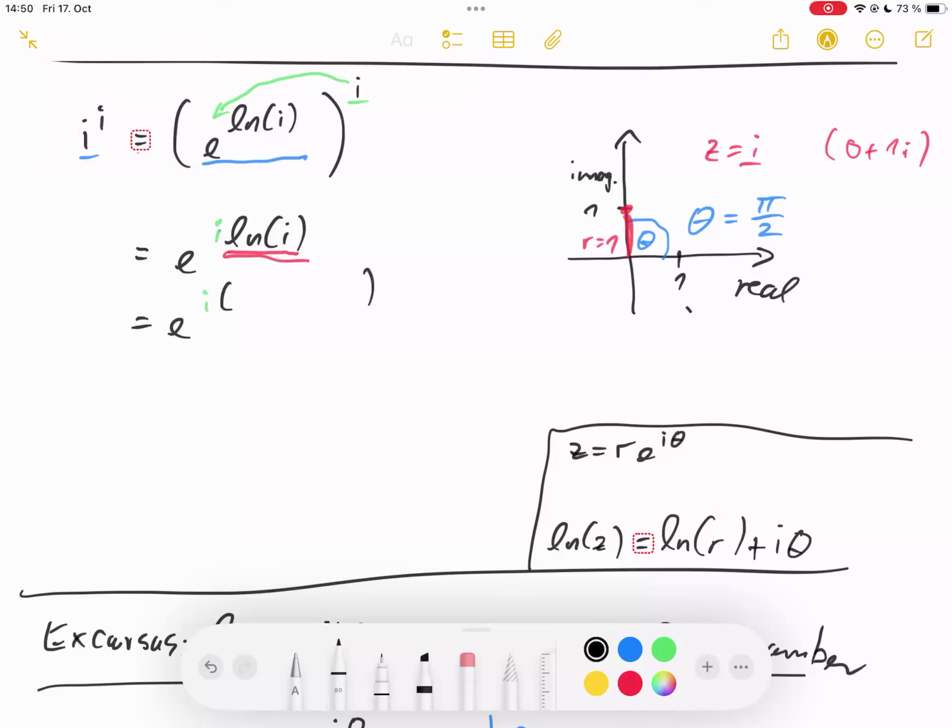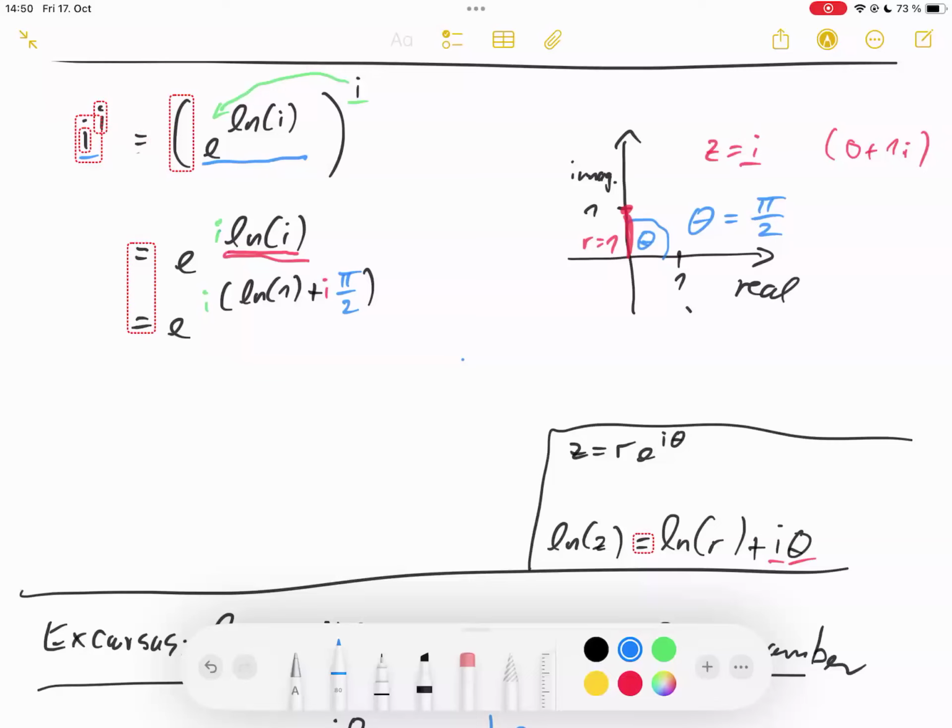So this is the ln of r, and r is 1, so ln of 1 plus, we have this i down here times theta, so plus i times theta, which is pi half.